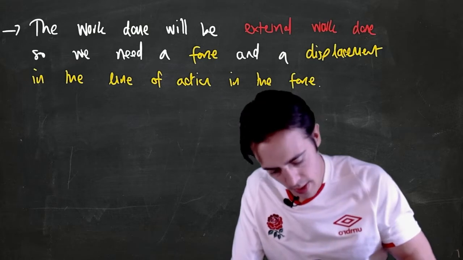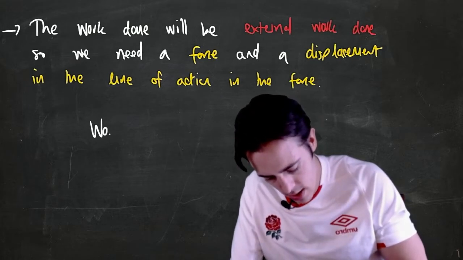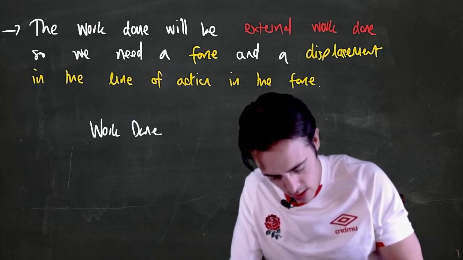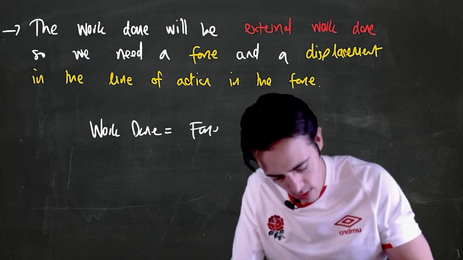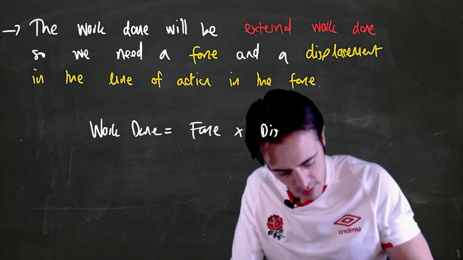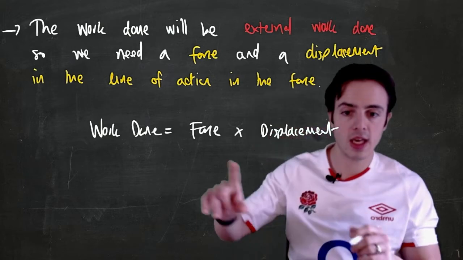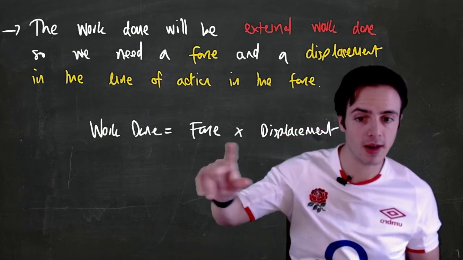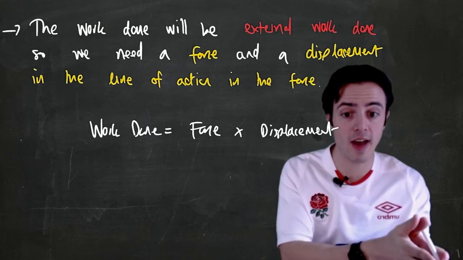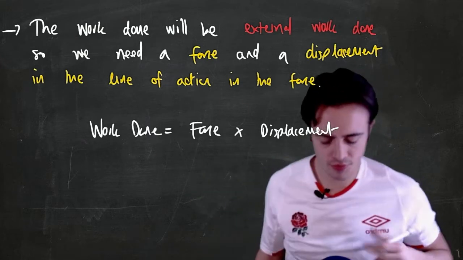Okay, so for example, we remember that work done is equal to force multiplied by displacement. And we're saying here that the force and the displacement have to be defined along the same vector for this to be true.